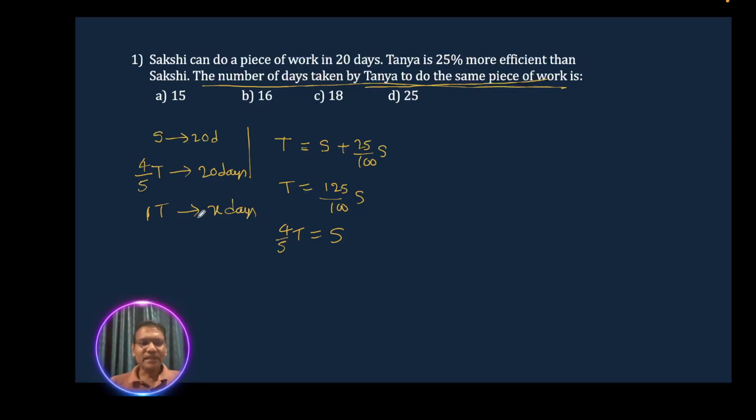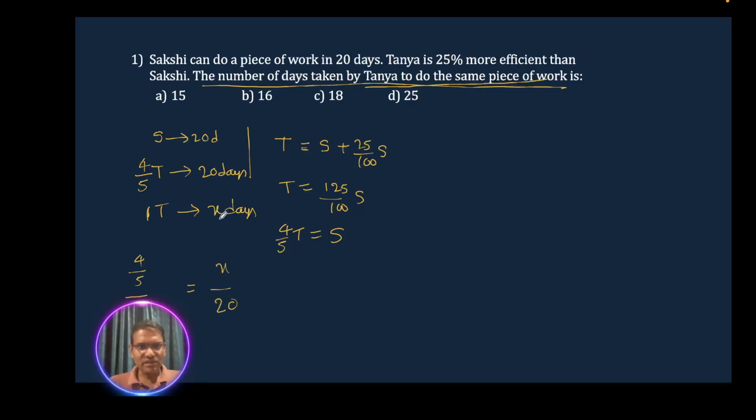Okay, by taking direct proportionality and inverse proportionality conditions, the number of persons and the number of days are always in an inverse proportionality condition. That means 4 by 5 and 1, these two I consider like this, equal to X taken to the top and 20 taken to this side. Or else directly do one thing: 4 by 5 divided by 1, and X takes 20 in the numerator.